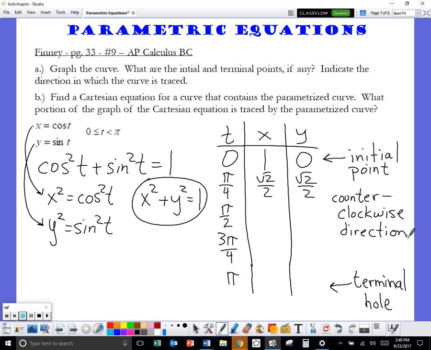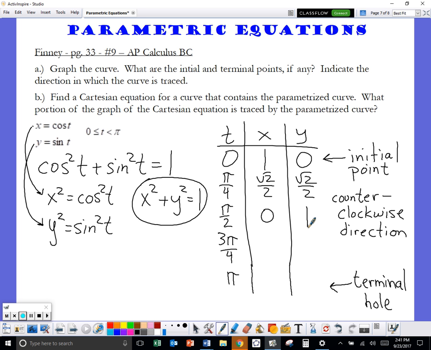All right, plugging in pi over 2, cosine is 0, and sine is 1. So we're now on the y-axis. As you can tell, we've moved from the x-axis into the first quadrant up to the y-axis, 0, 1.